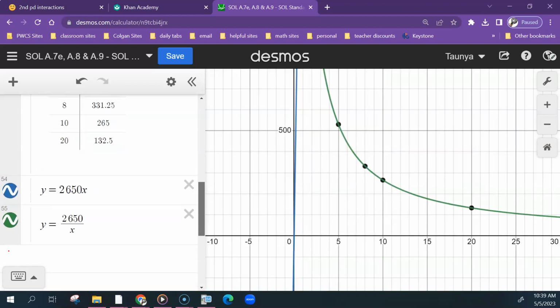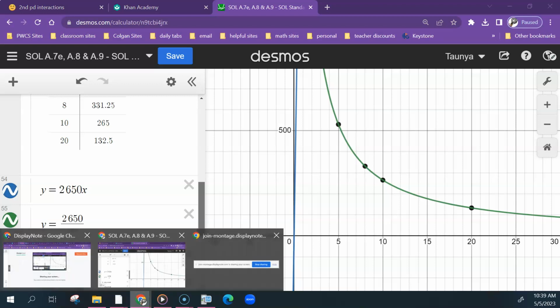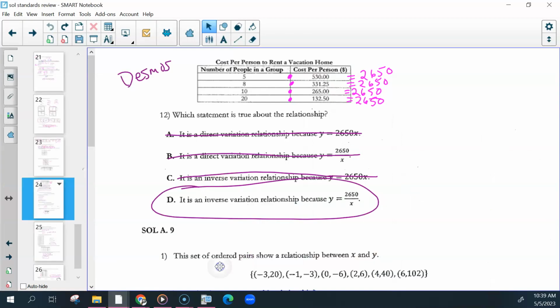And when you do that, it's going to match one of the 2 equations, and you just have to see which equation doesn't match and which type of variation doesn't match. So D was your answer for that one.